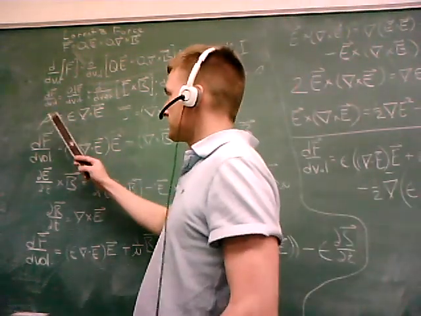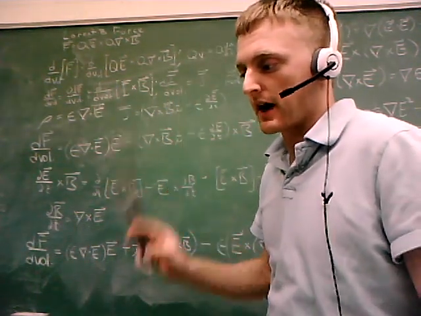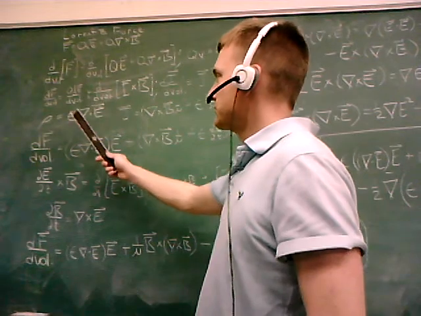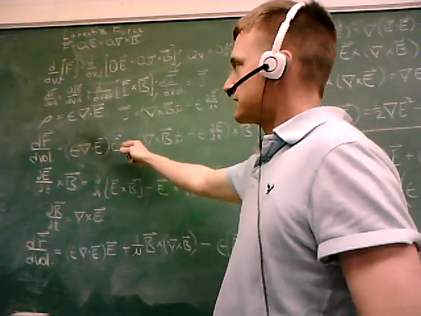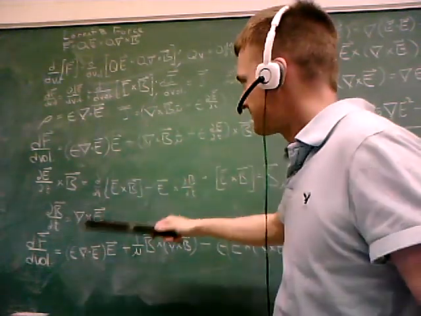Rho is equal to, with the substitution of Gauss's law, epsilon times the divergence of the E field.